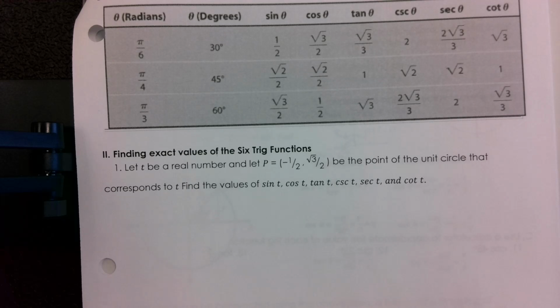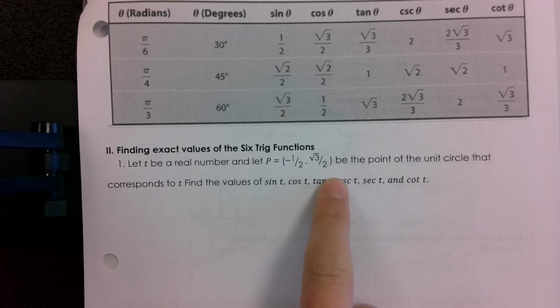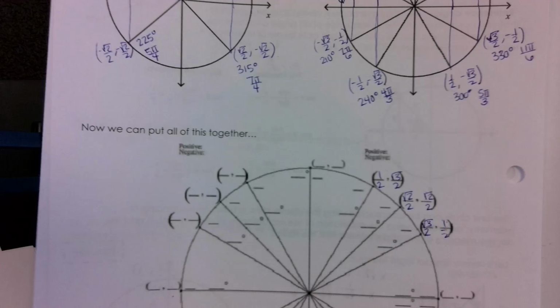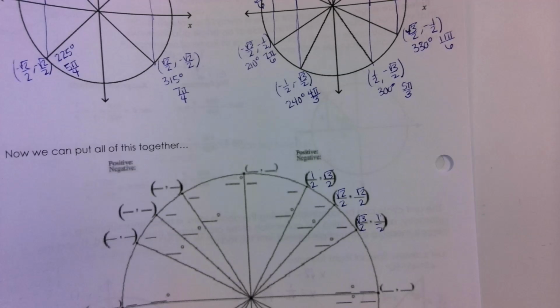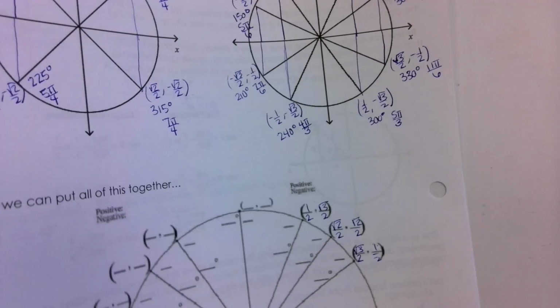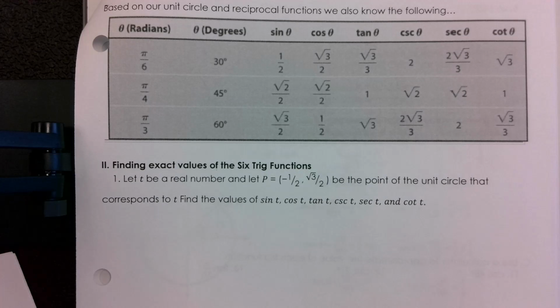But which is x and which is y? So which is sine and which is cosine? X is cosine, and sine is y.